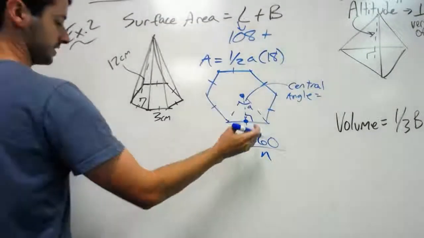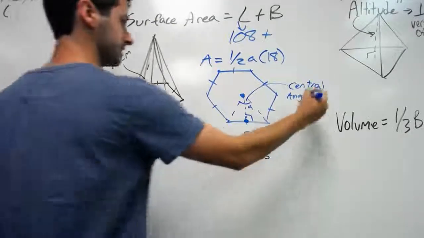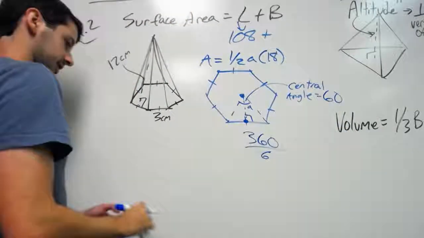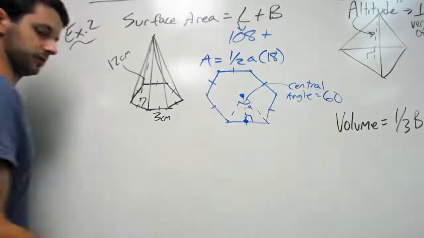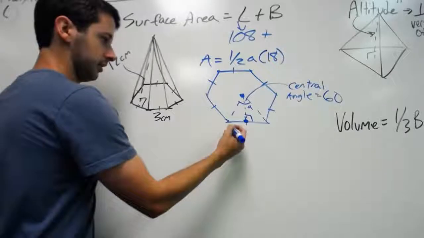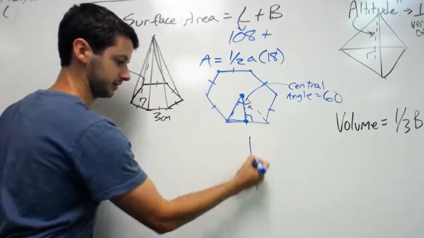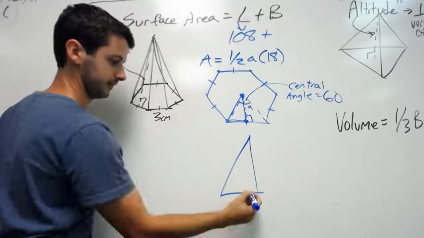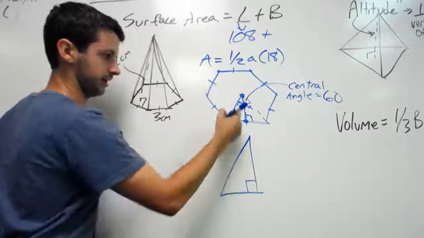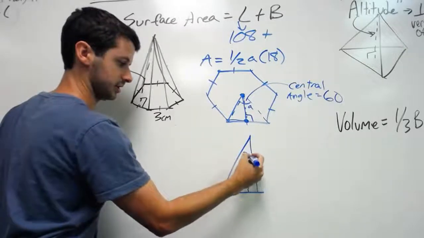Our number of sides is 6. So 360 divided by 6 is 60 degrees as our central angle. Now we take that big triangle and cut it in half. Let's see what values we have. We cut the central angle in half, so this is 30.